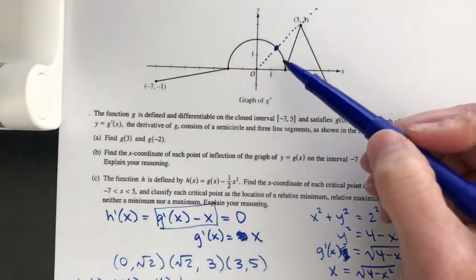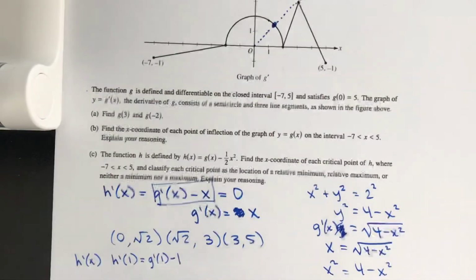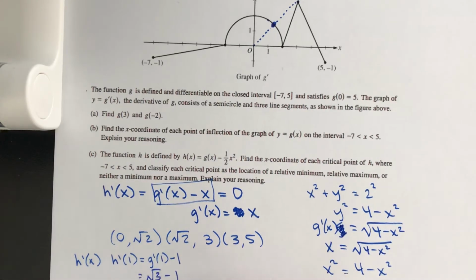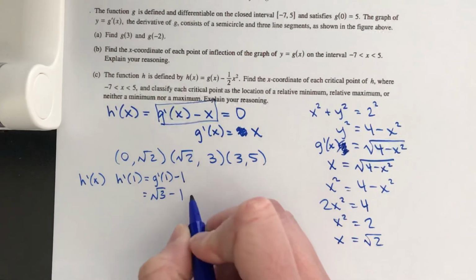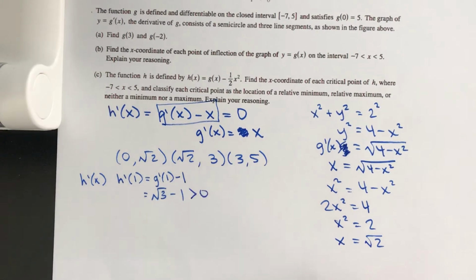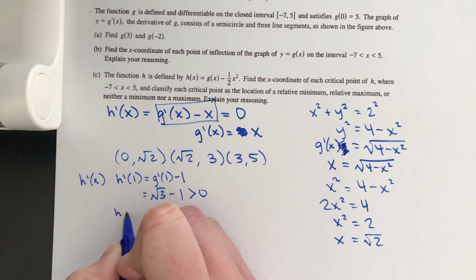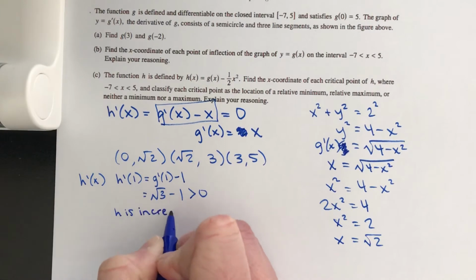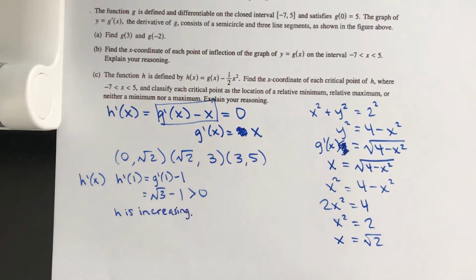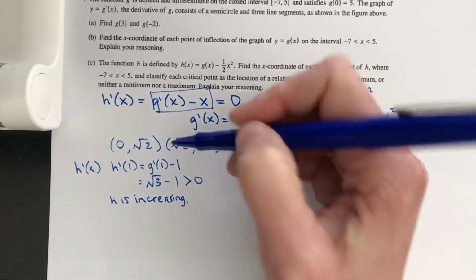When I plug 1 into the square root of 4 minus x squared, I get the square root of 3, and then minus 1. What I know about this is that it is positive, and that tells me h is increasing on this interval. Sorry, my table is going to be a little off.